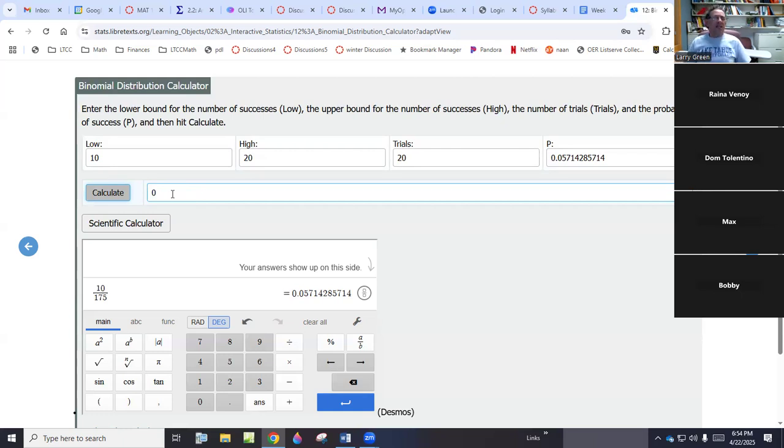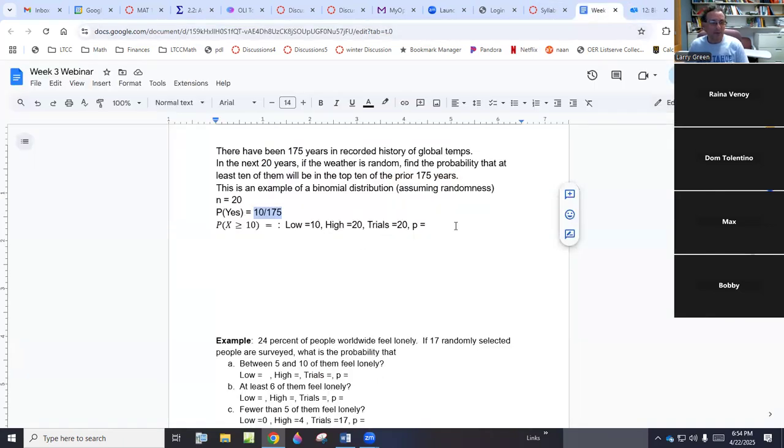Okay. And the reason, it doesn't mean it can't happen, but it is such a small probability that it rounds to 0 even to like 20 decimal places. So our probability was 0.